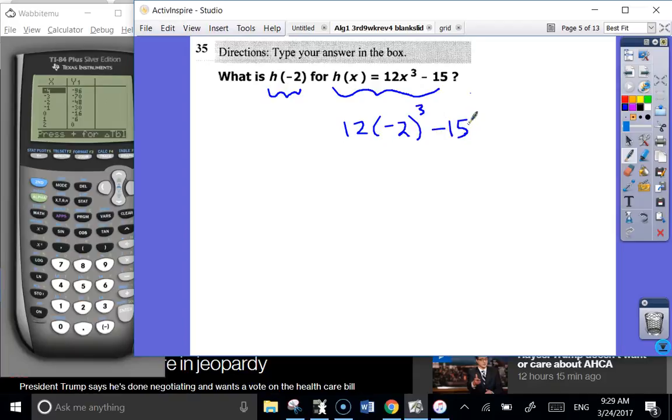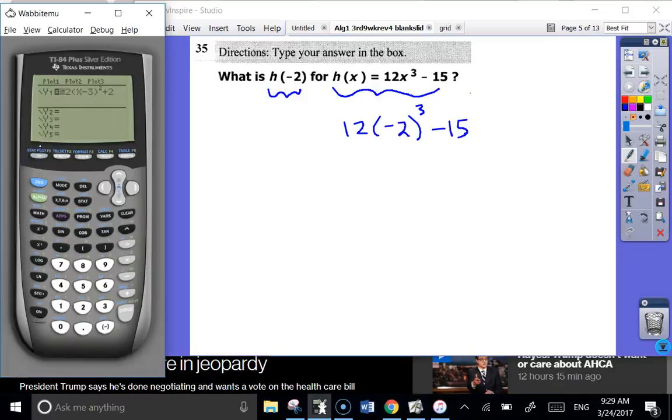Okay. So now you got a couple other options here. Number one, just since we've been doing this, why don't you put that function at y equals, and then just go to the table of values where x equals -2, the answer is in the y column, right? If I go to the y equals, clear, I'm going to put 12x to the third, hat 3, right arrow to get out of the exponent, -15.